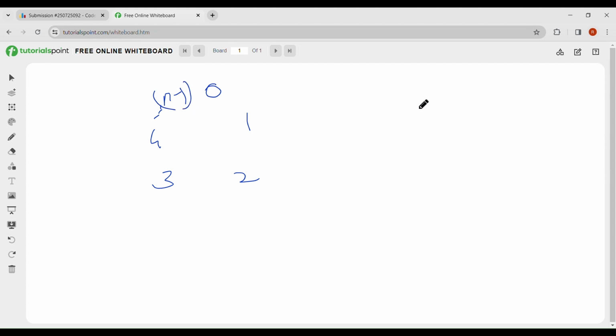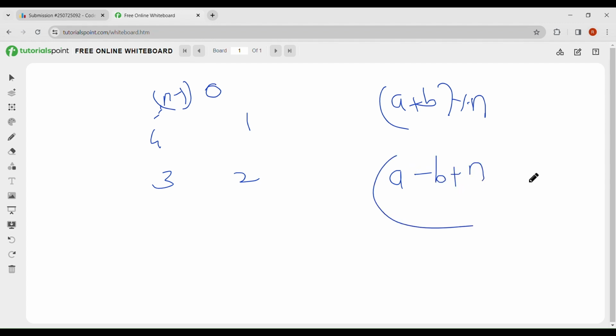If you want to go to the next, you just use (a + b) mod n, and if you want to come back, you just use (a - b + n) mod n. If you do this, you will get the exact location during traversal.